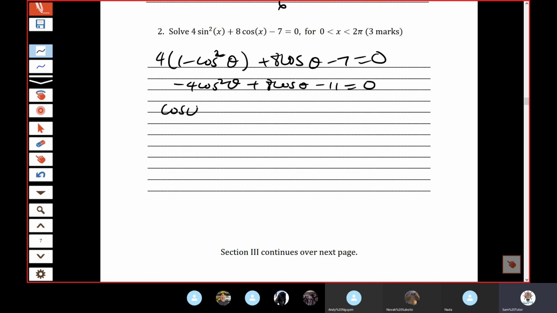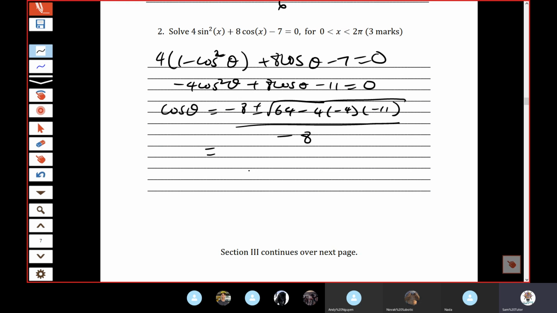Then you just do cos theta is equal to minus b plus or minus the square root of b squared minus 4 times a times c, all over 2a. 64 minus 4 times minus 4 times minus 11 gives us negative 112.